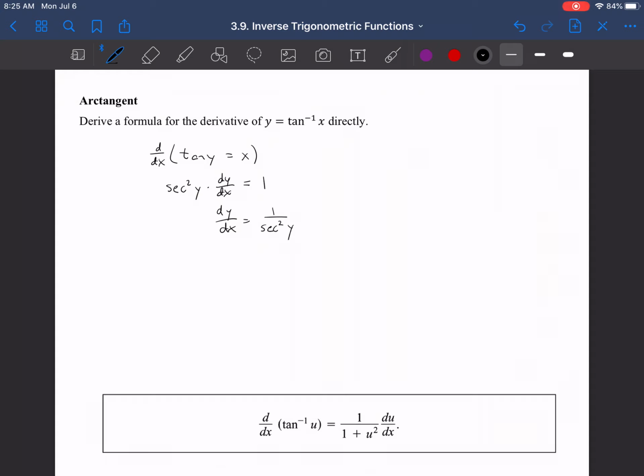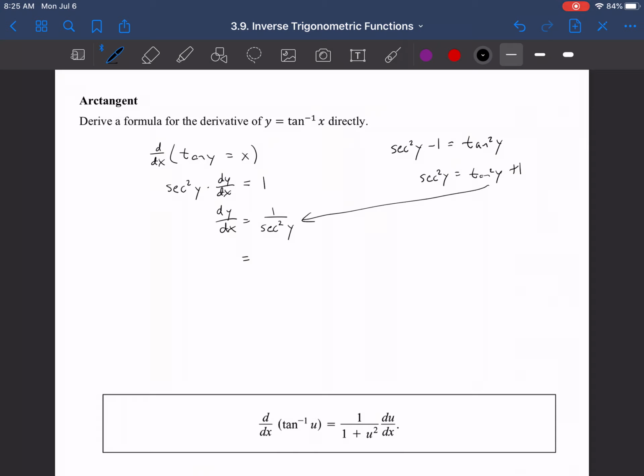And if we remember our trig identities, we know that from our Pythagorean identities secant squared y equals tangent squared y plus 1. So we can make that substitution.